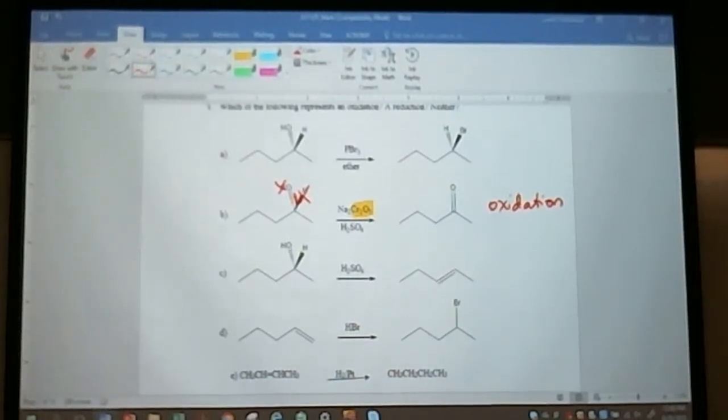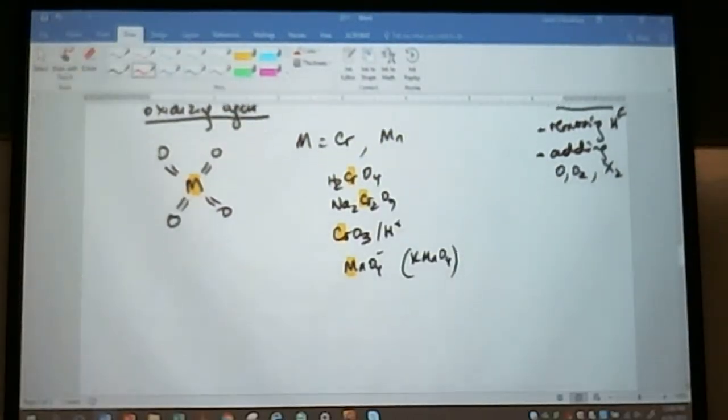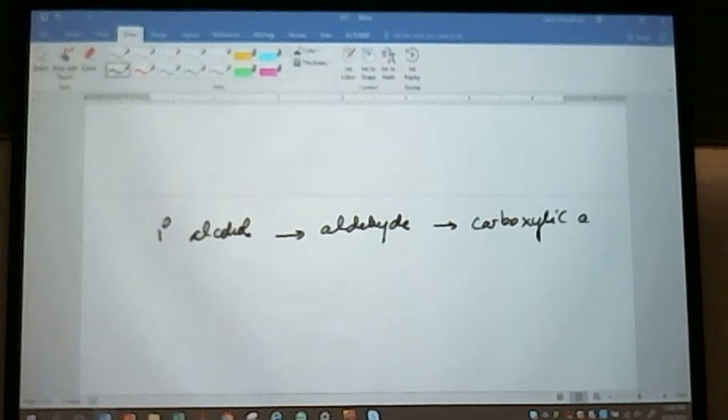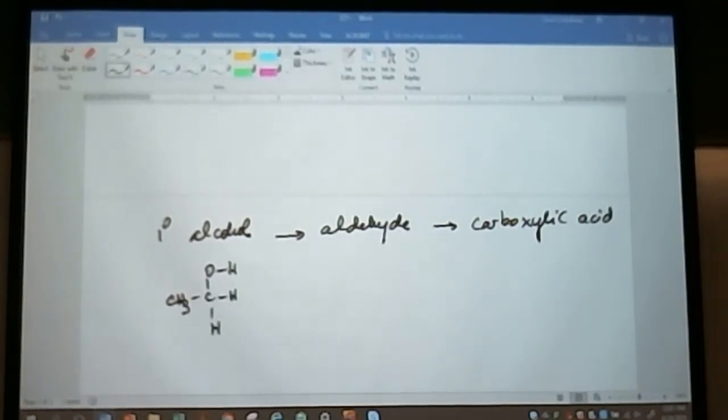So, alcohols, primary alcohols, are oxidized to an aldehyde first, and at the end to a carboxylic acid. So let's say that you started with methanol, okay? You're gonna remove hydrogens and put a double bond here. Removing hydrogen is an oxidation.